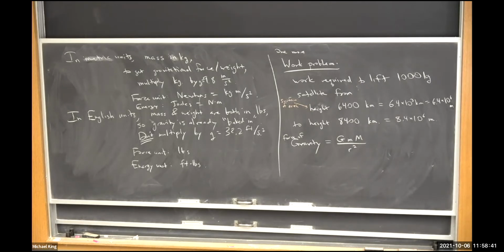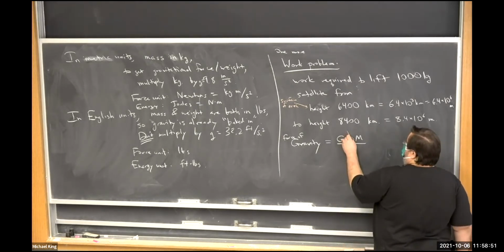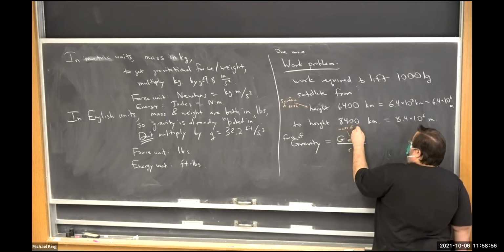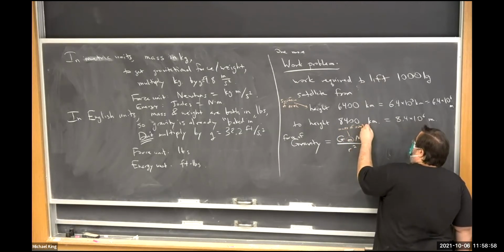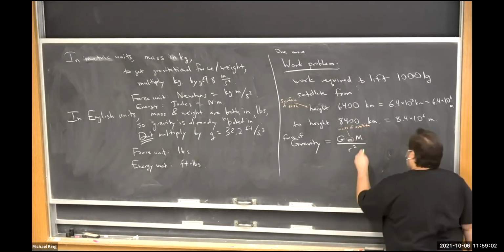You multiply, you divide by the distance between them squared, and you have this constant G, capital G. But I think the point is, if this one is the mass of the satellite, and this big M is the mass of the Earth.